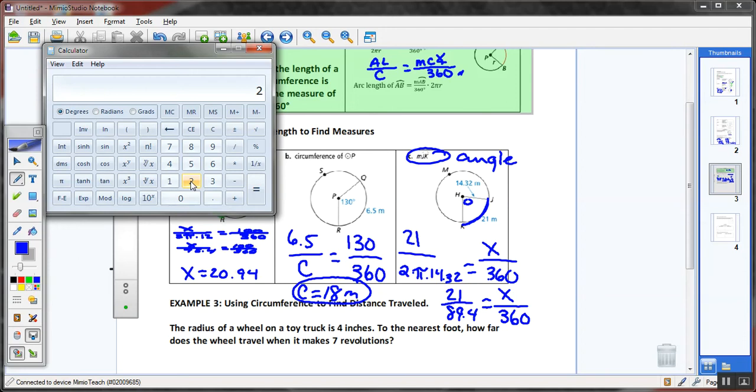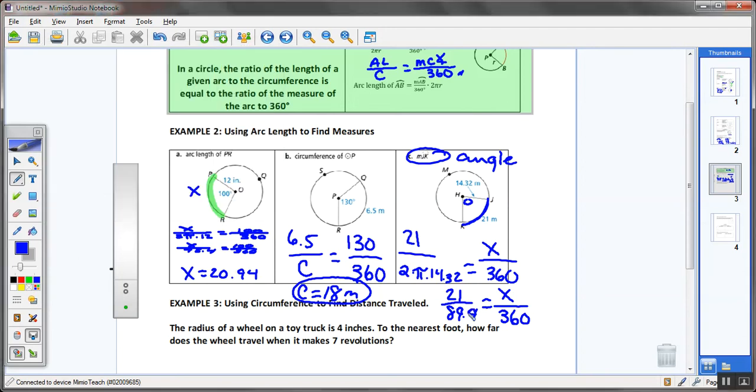Okay, let's go 2 times pi times 14.32. 89.97. Is it okay if we run that up to 89.97, guys? Are we okay with that? Sonny, did you use 3.14? No. Run your numbers again.